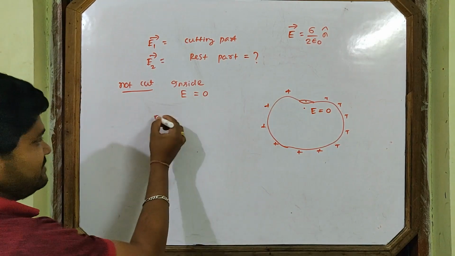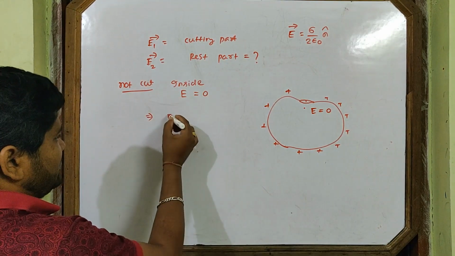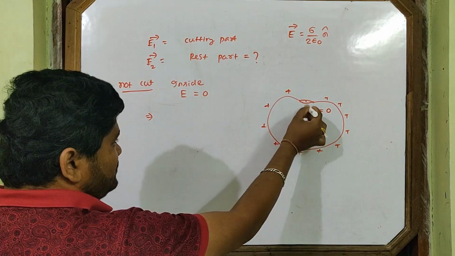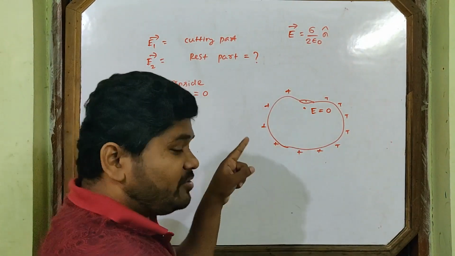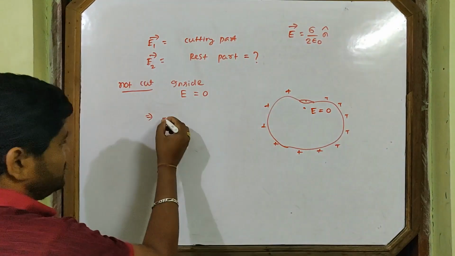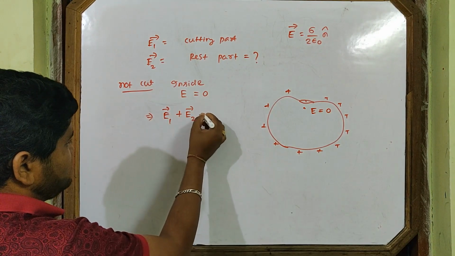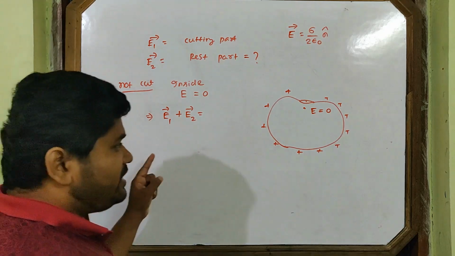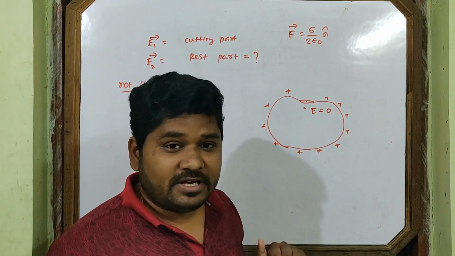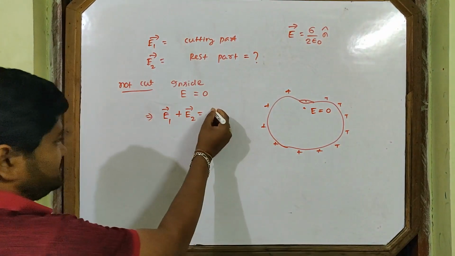Inside the conductor the electric field is equal to 0. Then who provides the electric field here? We have divided the conductor into two parts. The cutting part as well as the rest part provide it, and the total is 0.